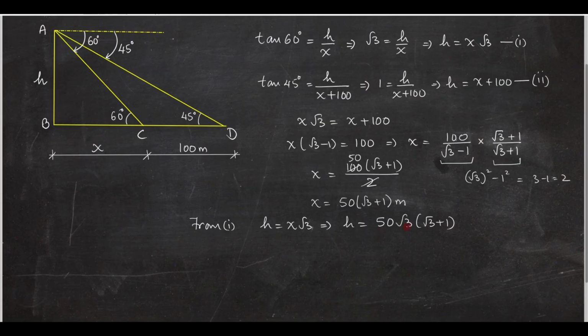If I multiply 50 root 3 into root 3, that would give me 150, and then plus 50 root 3. Now I'll leave this as it is, and multiply 50 times 1.732, and I get 86.6 there. So this whole thing adds up to 236.6 meters, which is the height of the balloon. And that is your final answer.